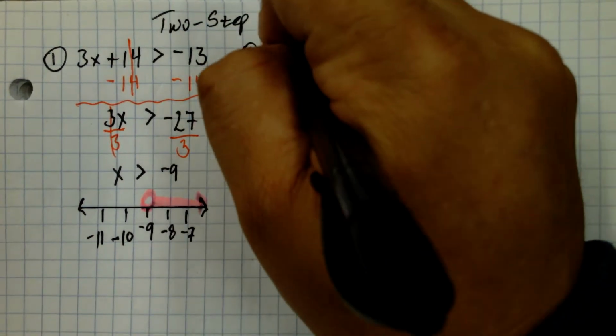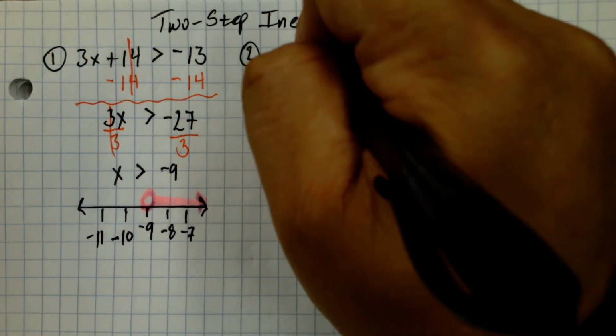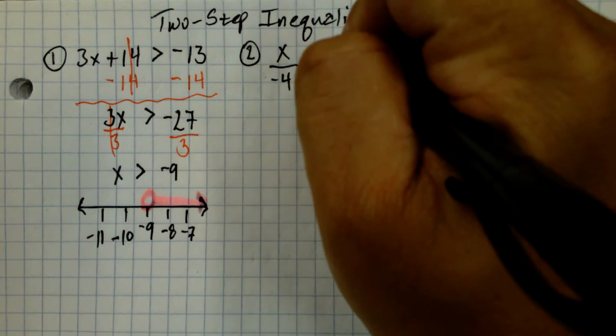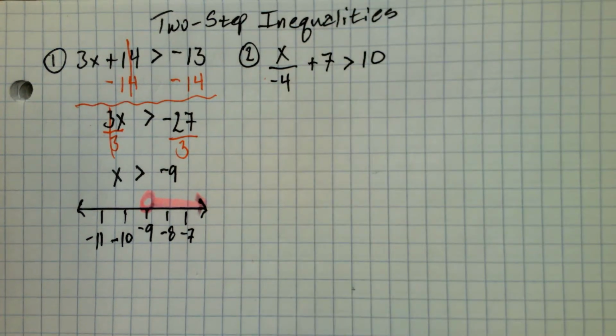We have x divided by negative 4 increased by 7 is greater than 10. Okay. So let's see what that gives us. I want you to start looking it over.